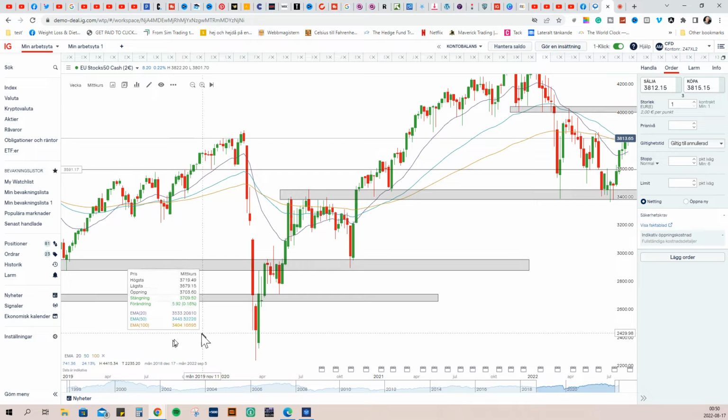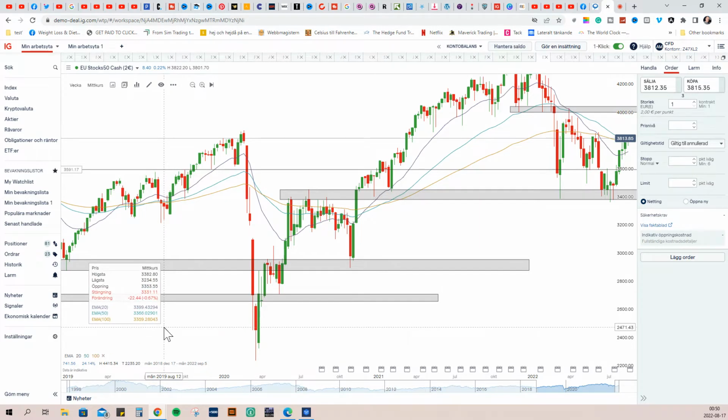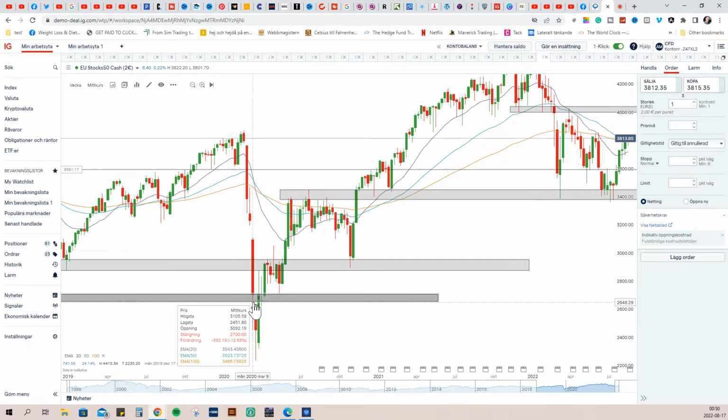First, we can see a rejection here. The price went down for this week here. You can see the wick. Then the buyers stepped in fast. We had a close into this box again. It shows that this box has value. Then the sellers stepped in and they broke down again all the way down here.